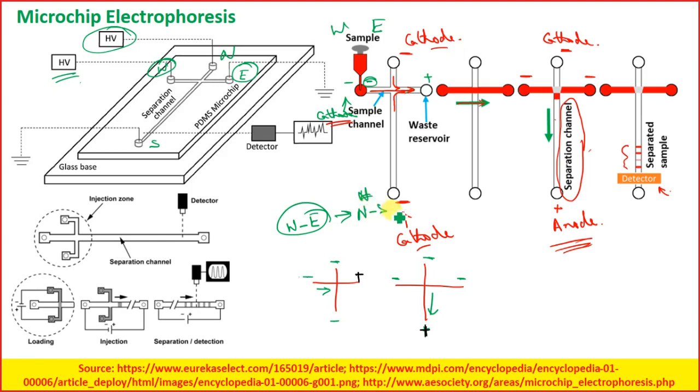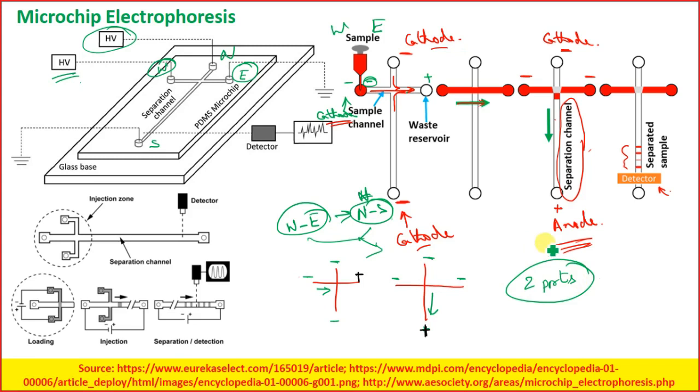Okay, so both types of microchip electrophoresis techniques are available. Either in the first case, what I have told you, the electric field is applied at all the four ports, and in the second case, electric field is applied only at two ports. Okay.